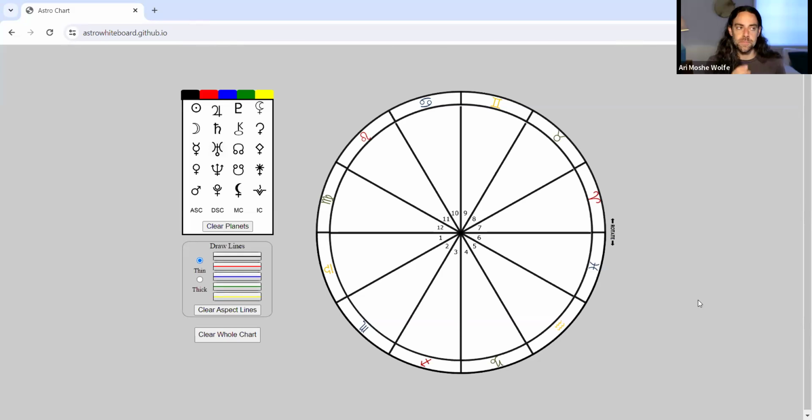And oftentimes I find as a teacher that I'm only able to demonstrate the difference when I'm actually working with a real chart. Otherwise, if it's just giving an example, it's almost too vague or generalized to be able to feel the actual difference between these two placements.